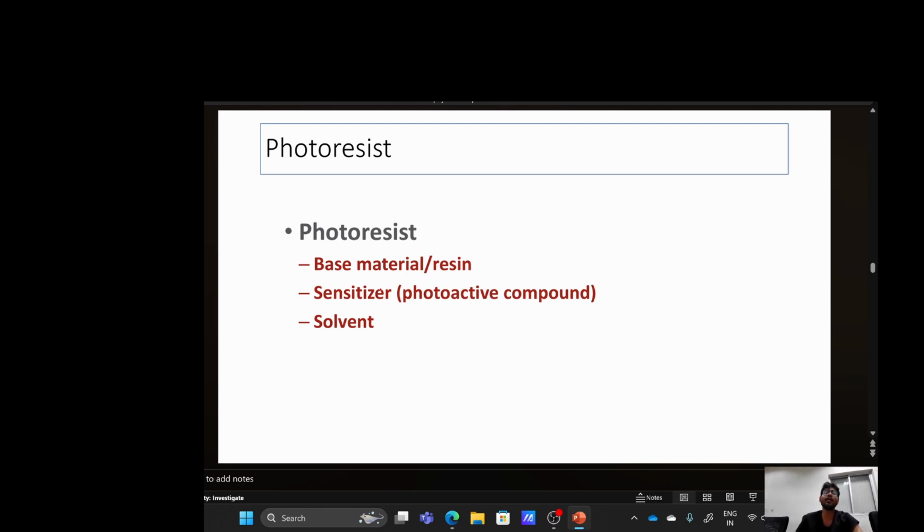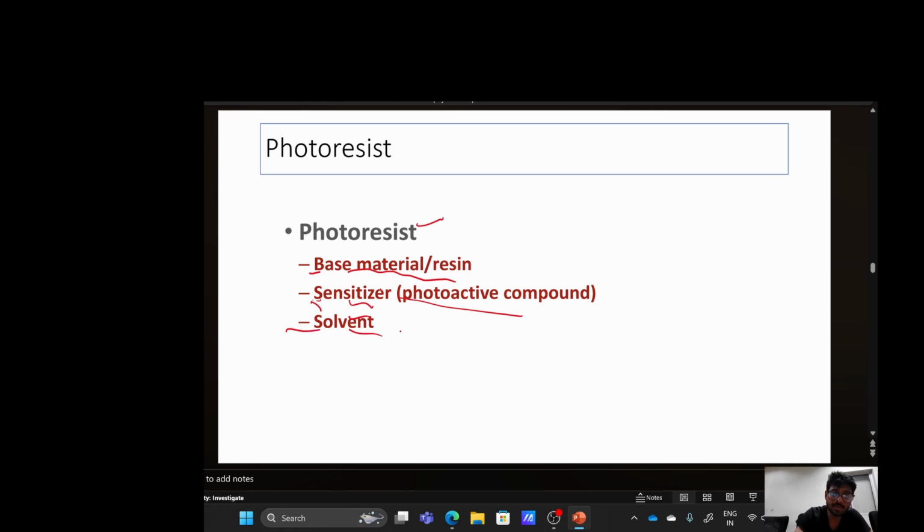Now let's come to the photoresist. What are its properties, and what does it consist of? A photoresist consists of a base material, which is a resin, a kind of polymer. Another component is the sensitizer, a photoactive compound which absorbs light specific to the wavelength.